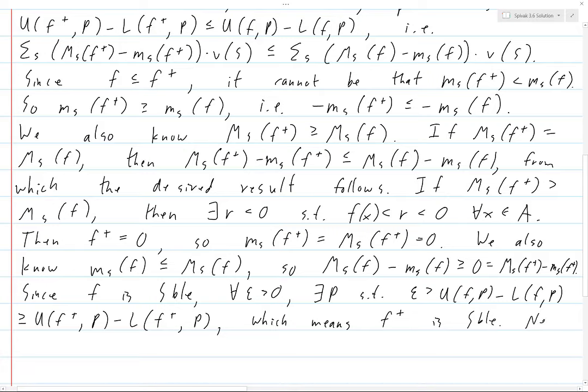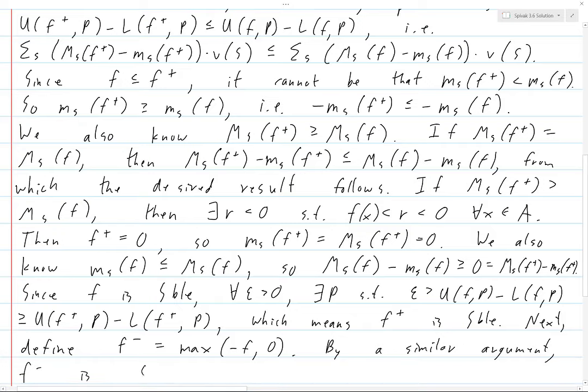Okay, so next, define f minus to be the maximum of minus f and 0. By a similar argument, f minus is integrable.